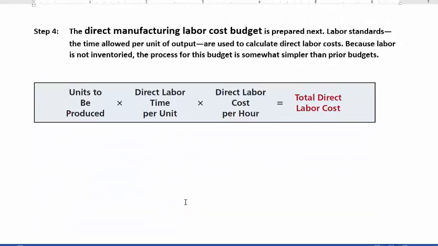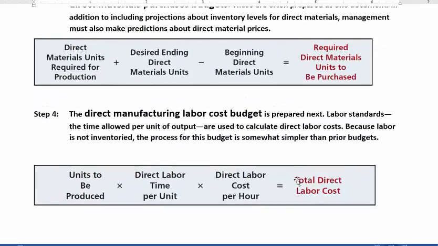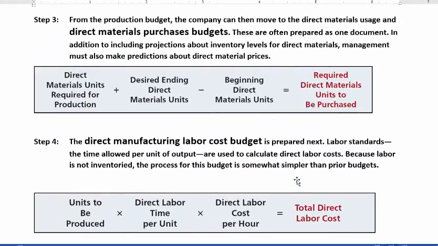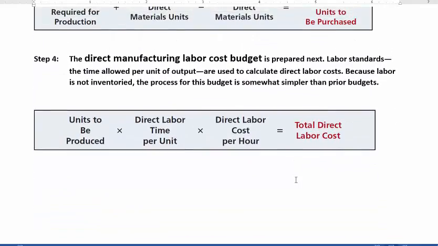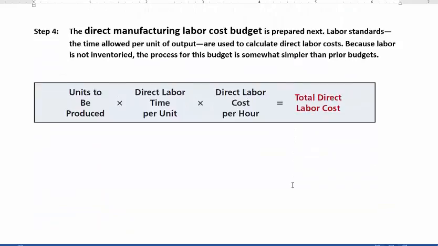Step 4 is the direct manufacturing labor cost budget. It is prepared next. Labor standards, again, we're going to have our engineers and our production management involved in our process for figuring out how long it is going to take us to manufacture one of our items.